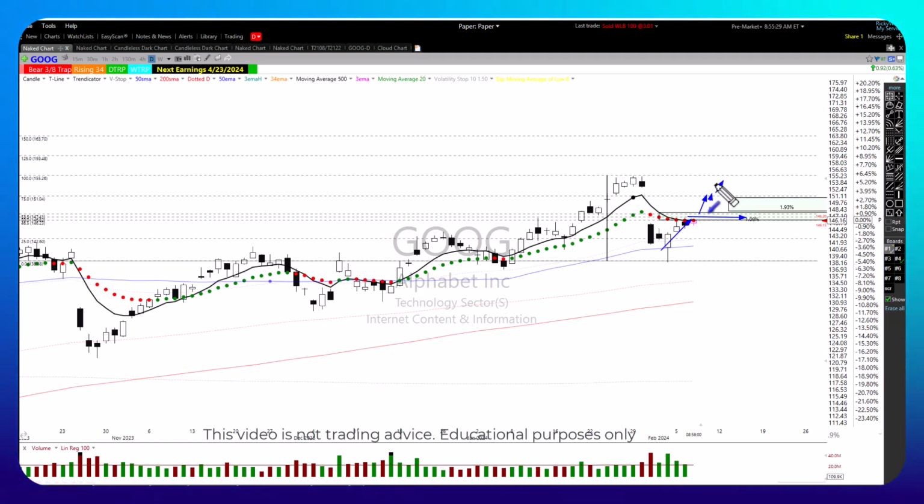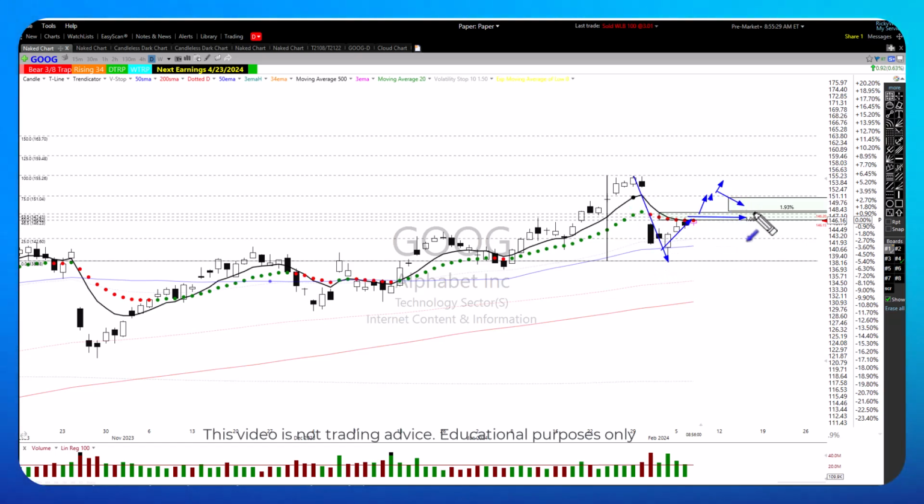Again, we can't predict how much it's going to go up. But one thing I can predict is there is a super high probability that we have a pullback. And I'm looking for that pullback to find support at that 50% retracement from this high and this low.